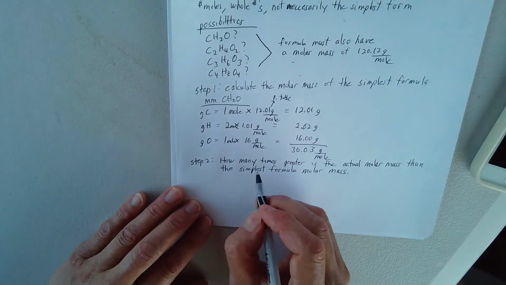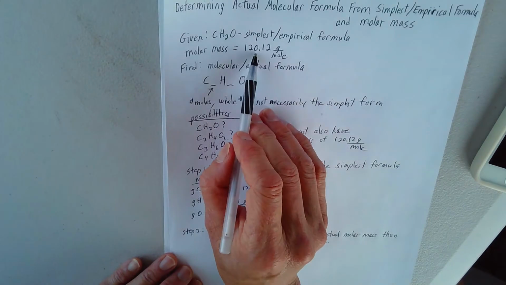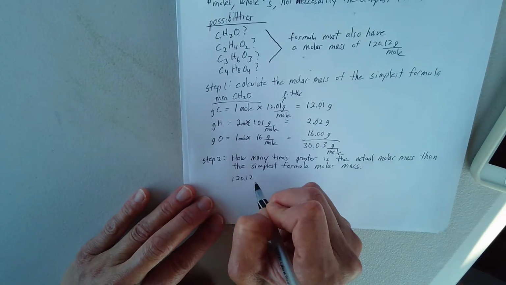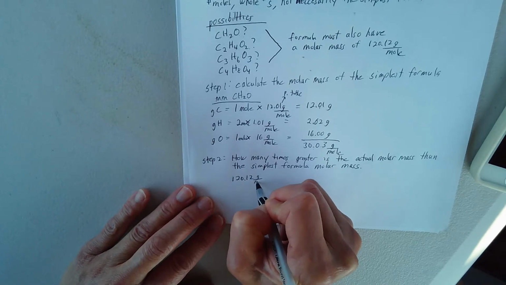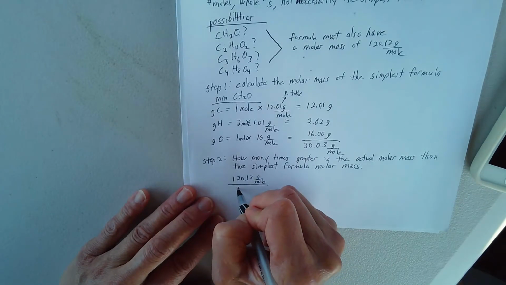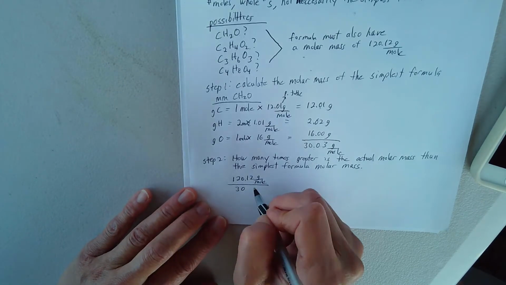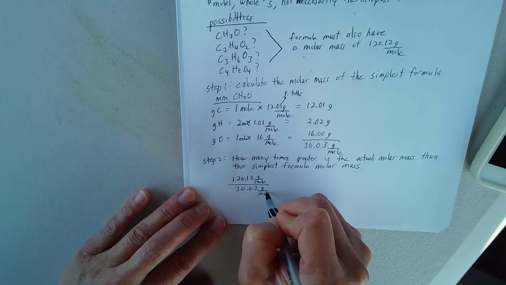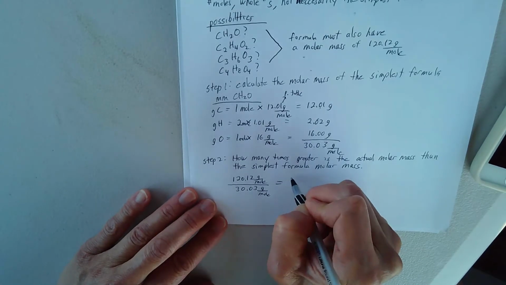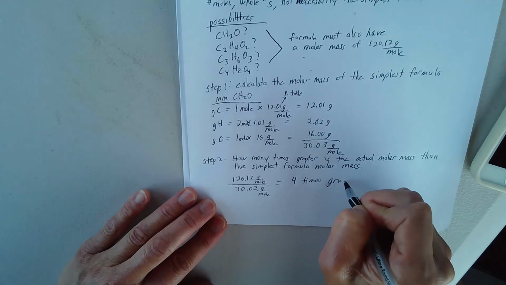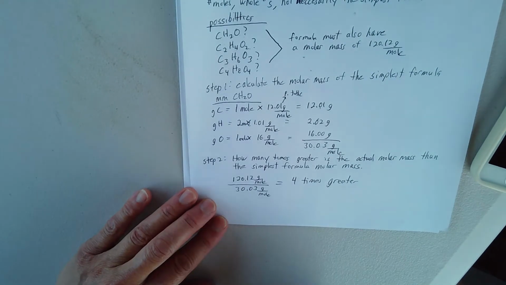So to do that, our actual molar mass is 120.12 grams per mole, divided by the simplest one. How many times greater is it? Well, the simplest one is 30.03 grams per mole, and that comes out to be 4 times greater, because 120 divided by 30 is 4.